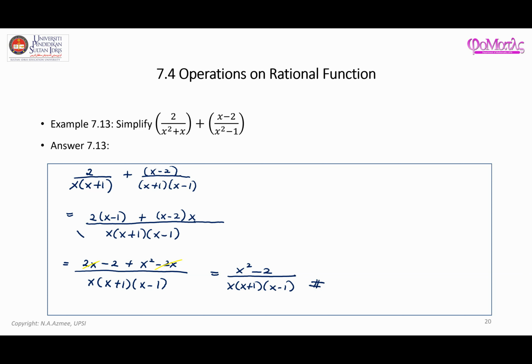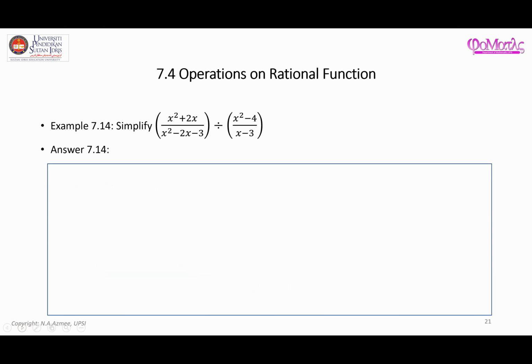Right, and the last example is this one. I'm going to do it step by step for this one. This can be simplified as x plus 2 over, for the bottom part here, I'm sure that you can figure out how to factorize that.